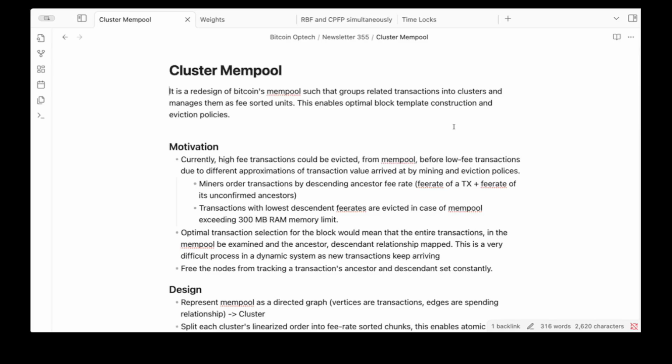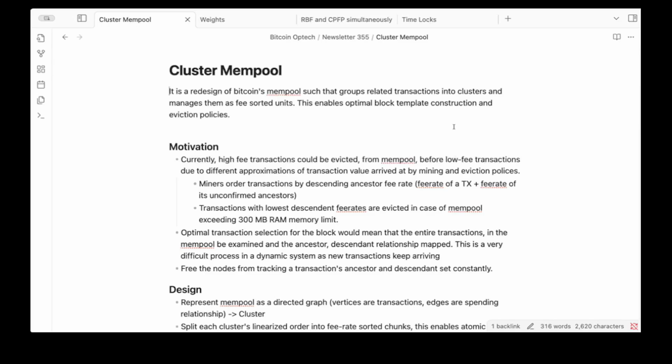If you look at a transaction, its ancestors and its descendants together as a package, there might be a case where this whole package pays more for the miner than just the transaction and its ancestors.